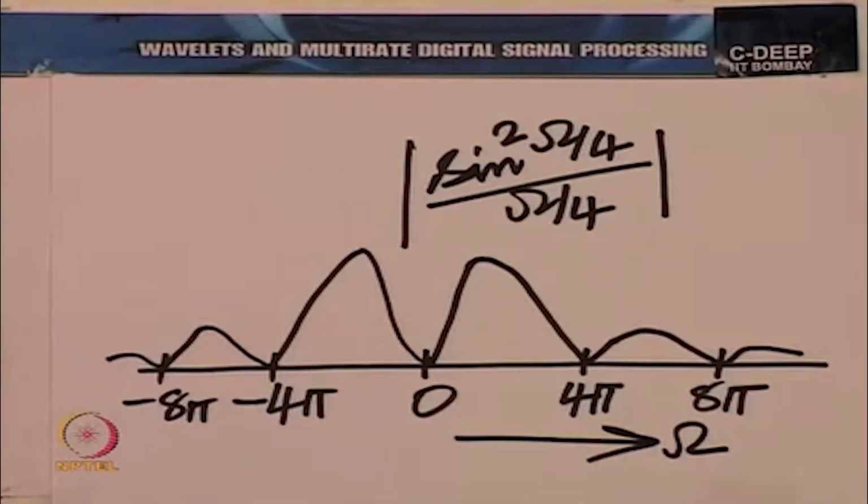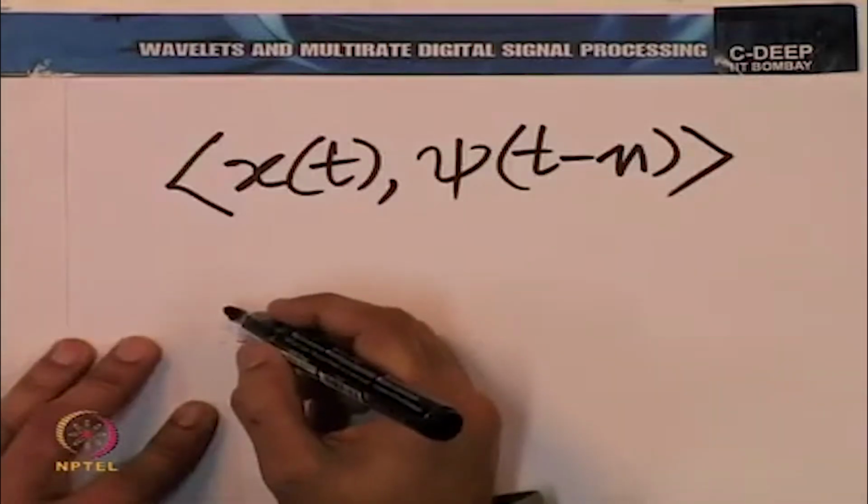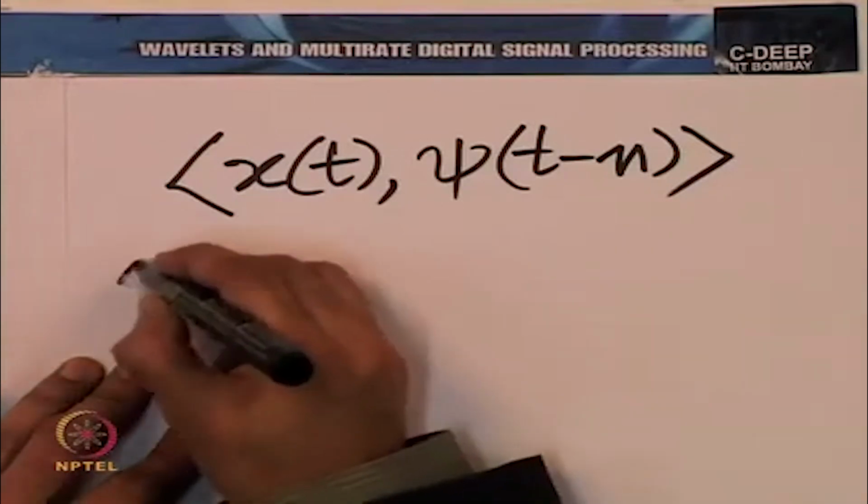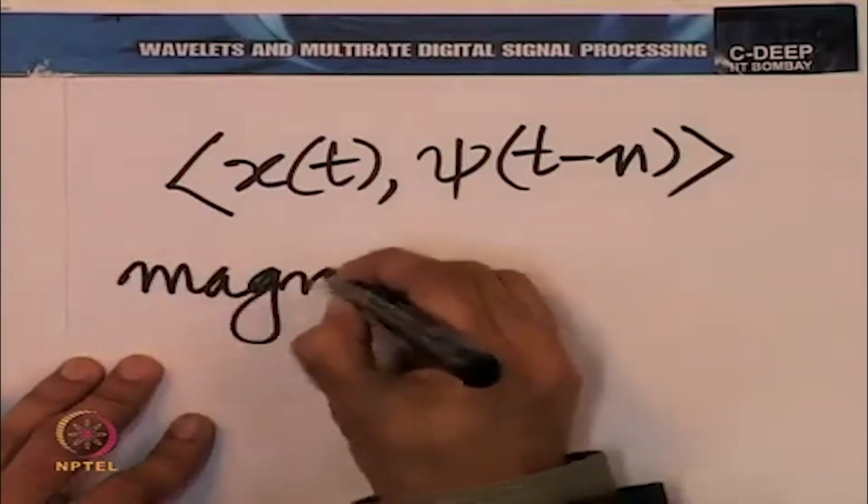Let us take a minute to look at this. When we take an inner product of a function x t, now here I am writing t to explain that the inner product is in time, with say psi of t minus n, in the magnitude sense, what are we doing?